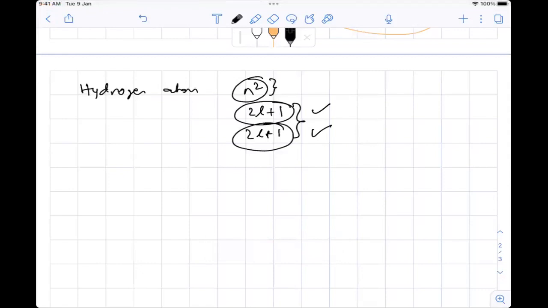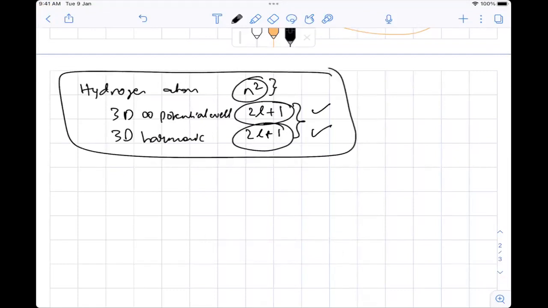So for the other cases, like the 3D infinite potential well and also the 3D harmonic oscillator, you have this level of degeneracy. Degeneracy means that you have so many states, but all of them have the same energy. This can be understood on the basis of group theory. A general principle is that the more symmetric the system is, the more degeneracy it will have.